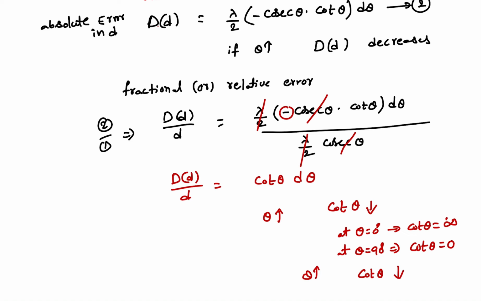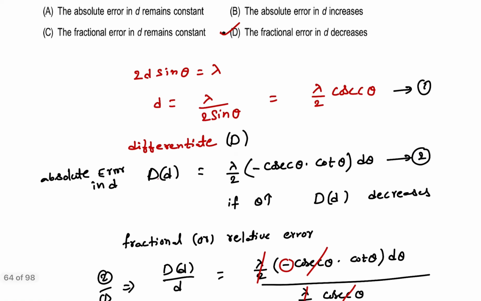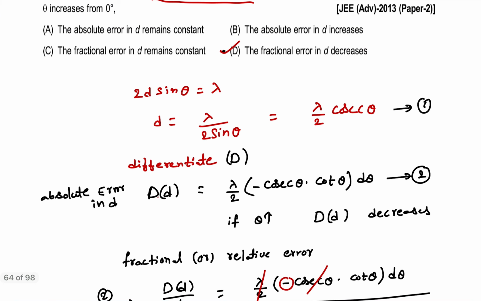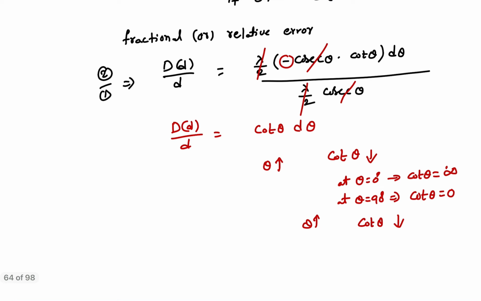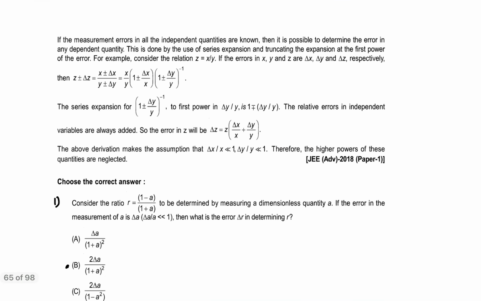As theta increases from 0 to 90, cot theta decreases from infinity to 0. That's why we can say that the fractional error in D is decreasing. Option 4 is the correct option.